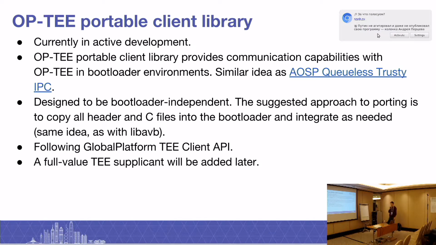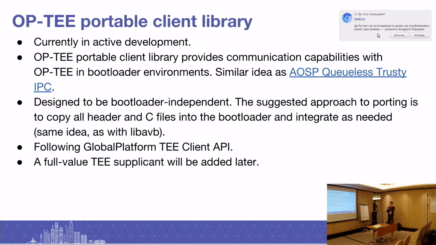So the major part of this work is to implement an OP-TEE portable client library. This idea is based on something similar in AOSP, which is called keyless Trusty IPC.